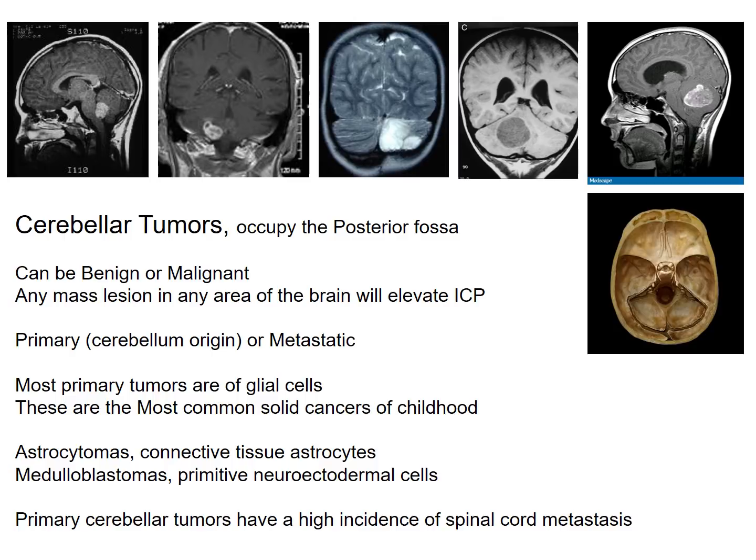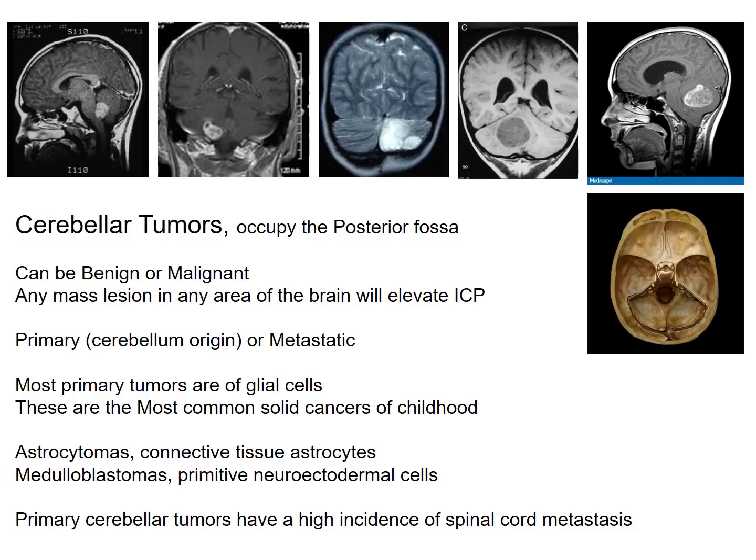Cerebellar tumors can be benign or malignant, but whether it's benign or malignant, again, they will all elevate intracranial pressure. They can be primary, meaning they started in the cerebellum, or they can be metastatic. They started in another region of the body and metastasized to the cerebellum.